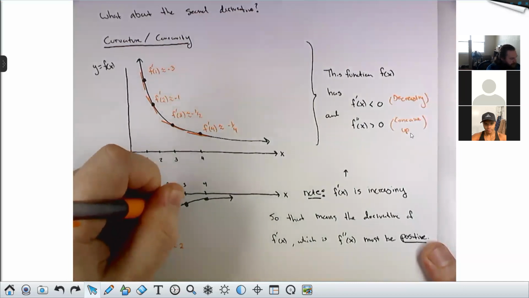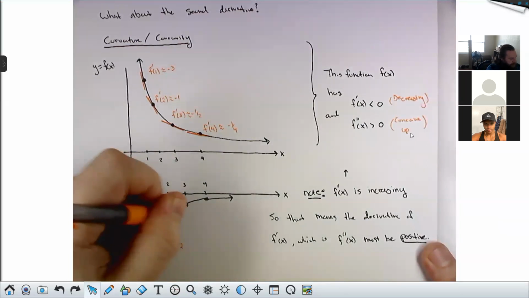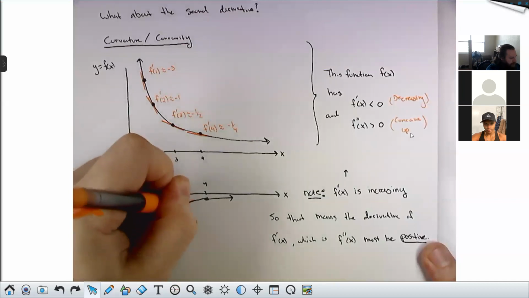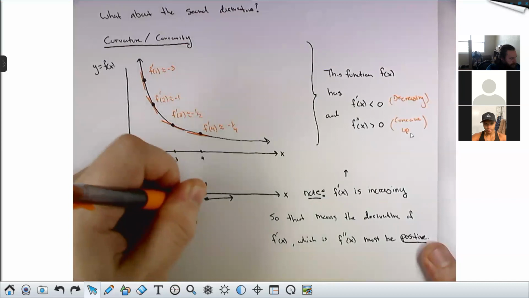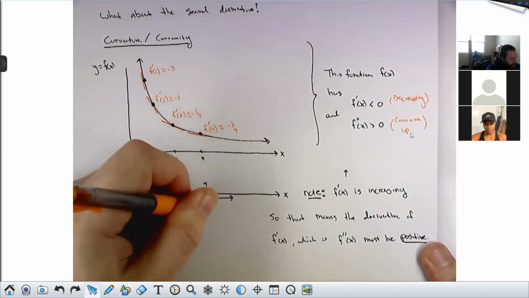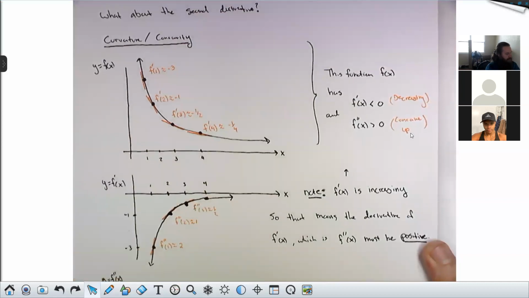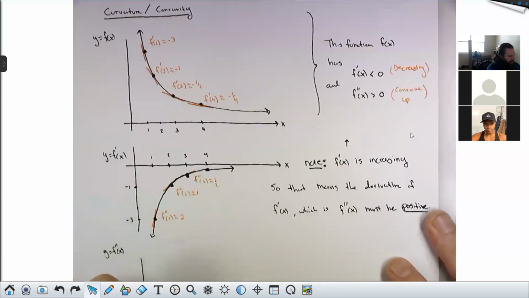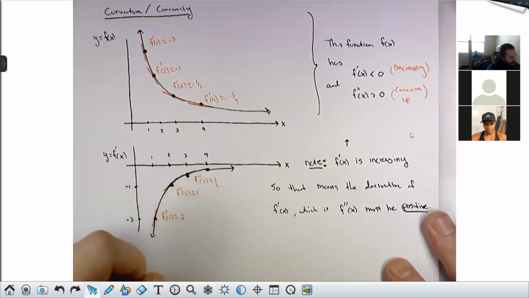Tangent line here is positive, but less steep. So f double prime of 2 would be like 1. Positive, but less steep. F double prime of 3 would be like 1/2. So the second derivative at 1, 2, 3 is going to look like 2, 1. It's going to look something like this.